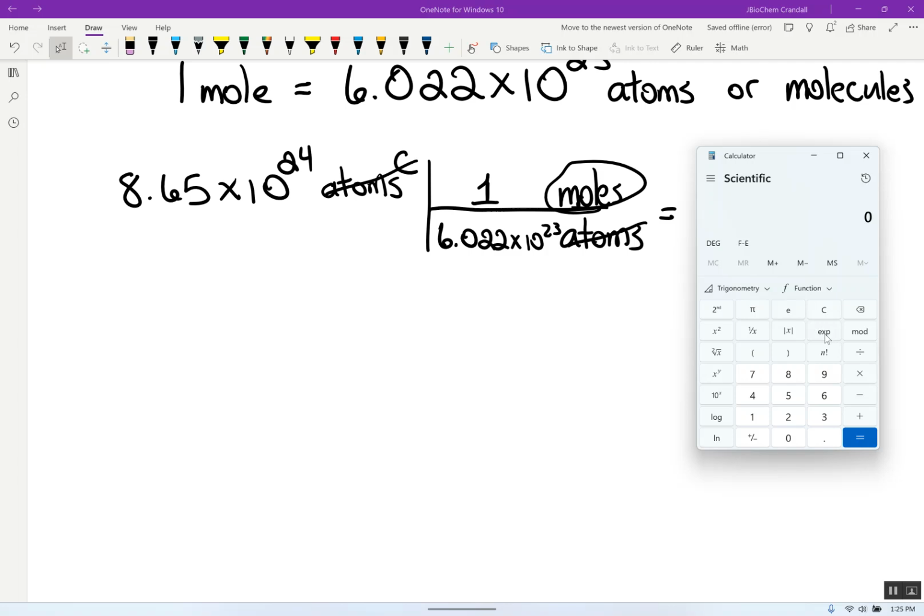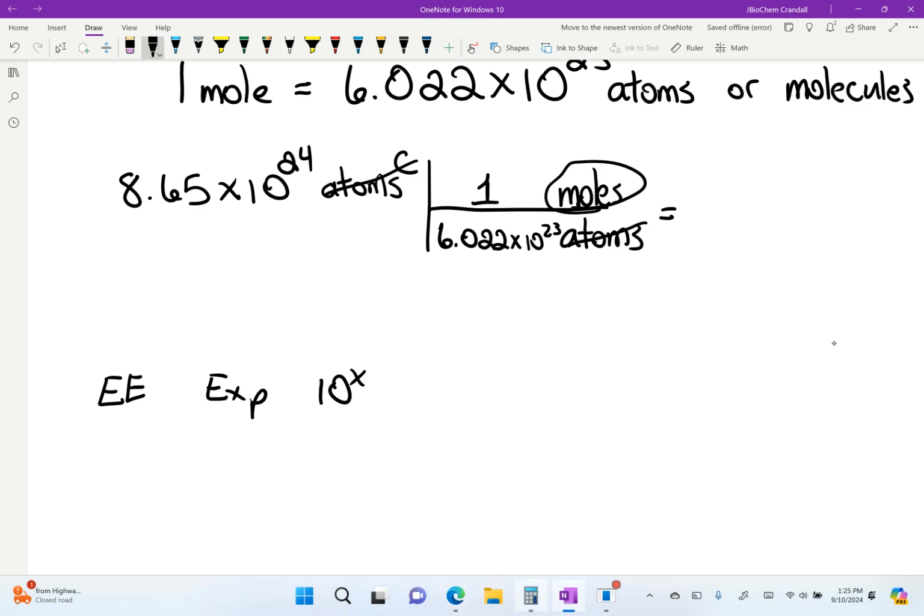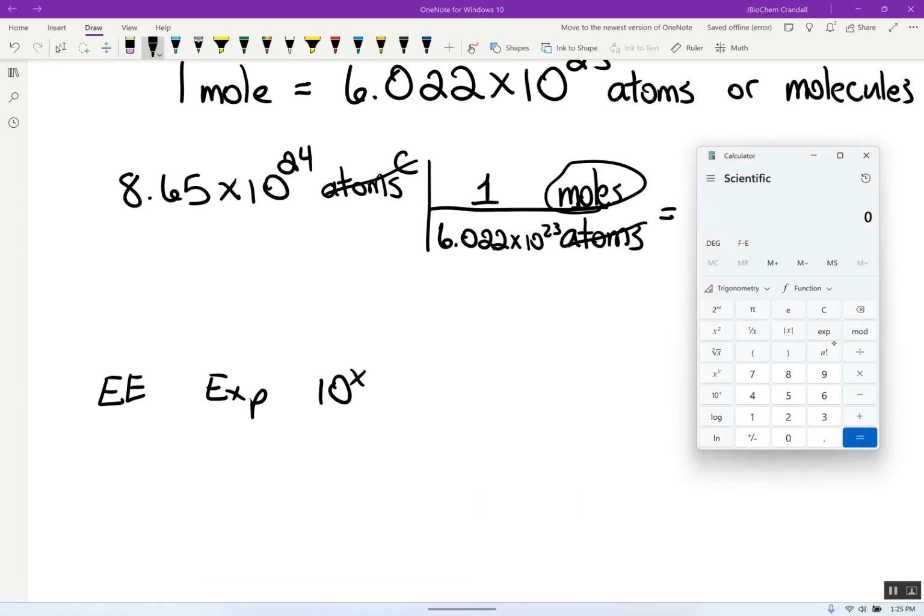You would want a 10 to the X button, an EE button, so a button that is either EE or EXP or 10 to the X, something like that. That's the button you're looking for to use the scientific notation, because the scientific notation is going to be important here, okay?